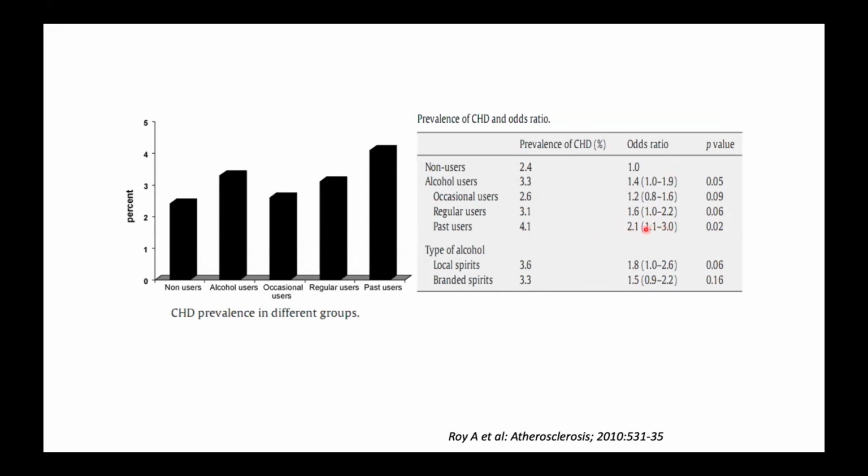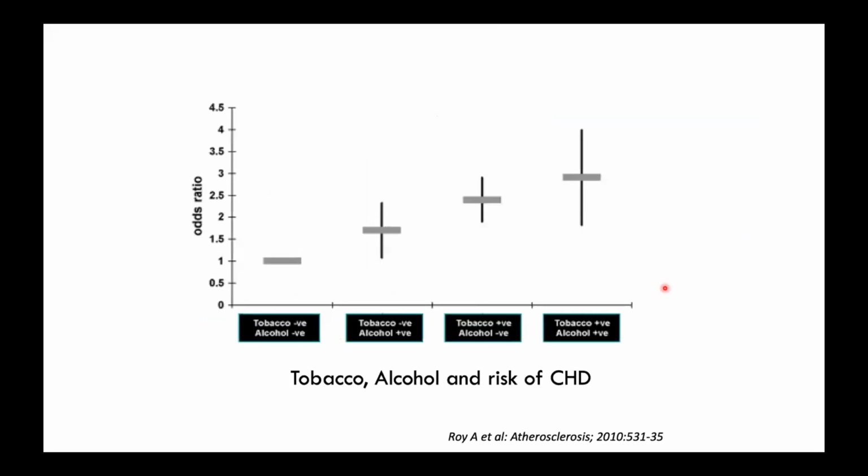It was basically because the past users have been advised to stop for some reason. And in this study, it was seen that the locust spirit or Deshi had a much more harmful effect compared to branded spirits. And combining tobacco and alcohol, there is incremental harm caused by alcohol and tobacco use.